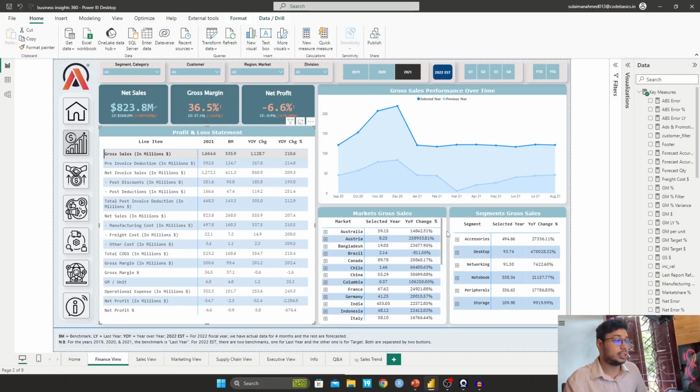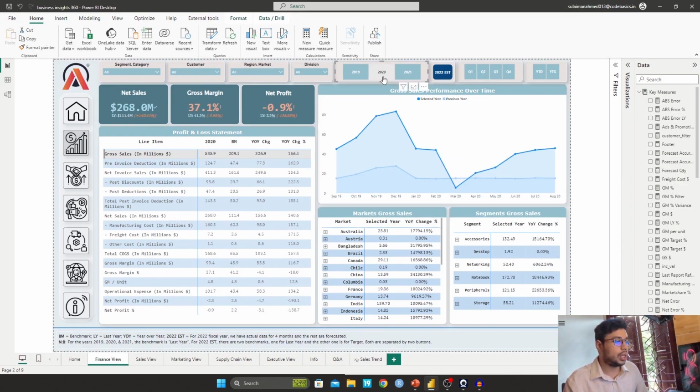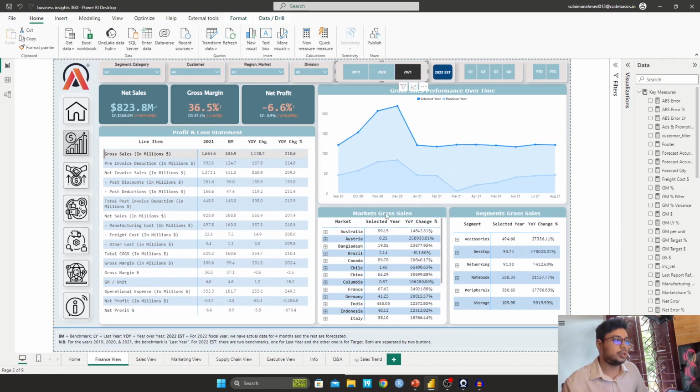It has changed very drastically, like 14,842% increased in gross sales, because in 2020, because of COVID, the sales was pretty much down, and in 2021 overall the COVID condition has kind of settled, so the business is also booming.